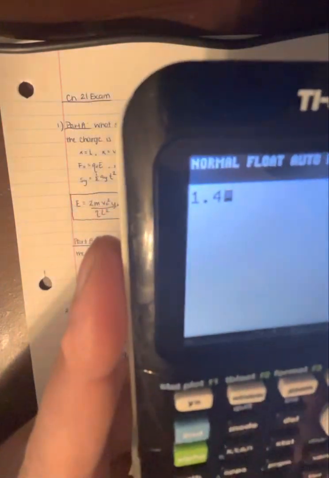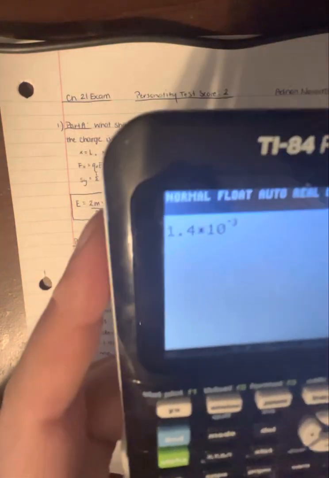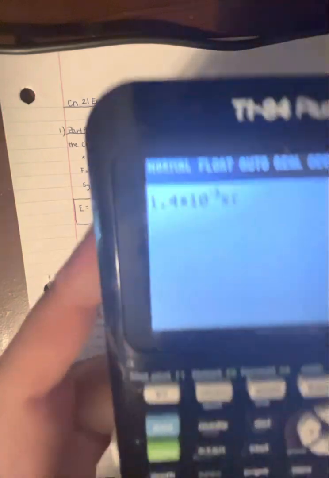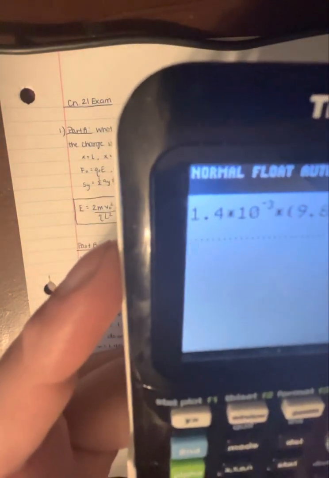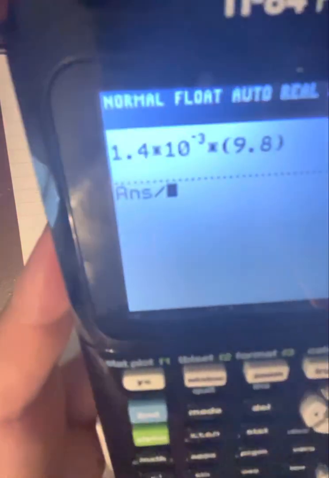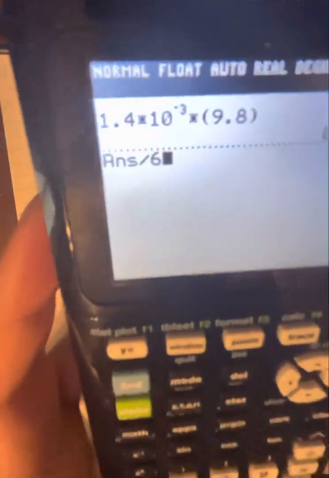So then we're just going to do 1.4 times 10 to the negative third times 9.8, the gravity, and divide that by the 610.